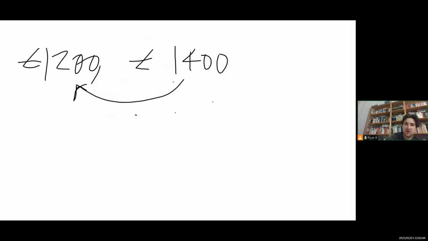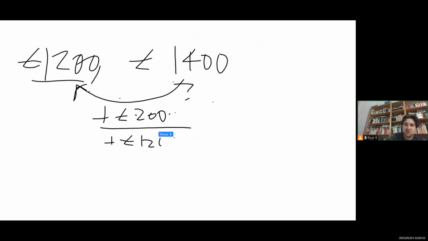It's gone up by £200. How much was it originally? It was 1,200. So the percentage change is this times by 100%. So in this case, it's a sixth. A sixth is about 16%, maybe 17%, 17% to the nearest whole percent.